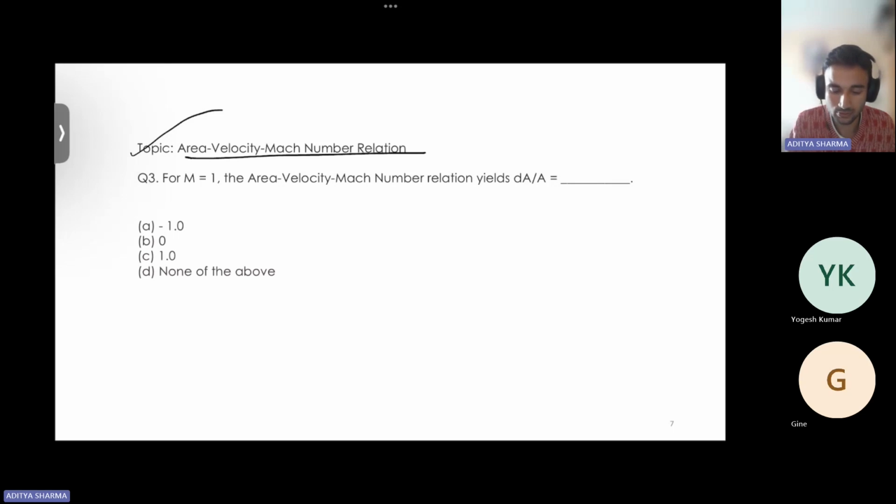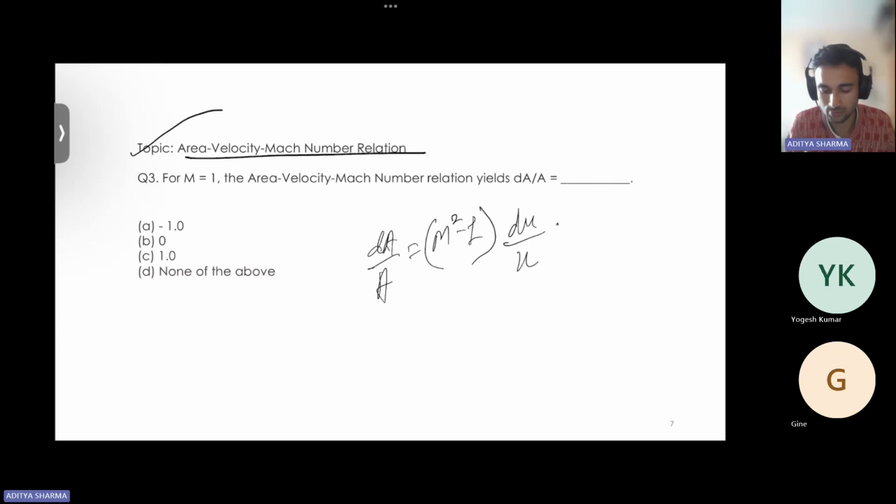If Ginny wants to comment on this, du. So if M is 1, it will be nothing but 0.